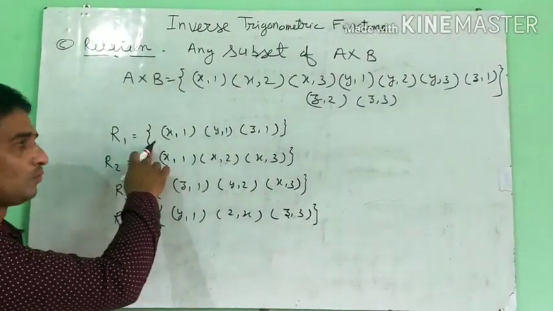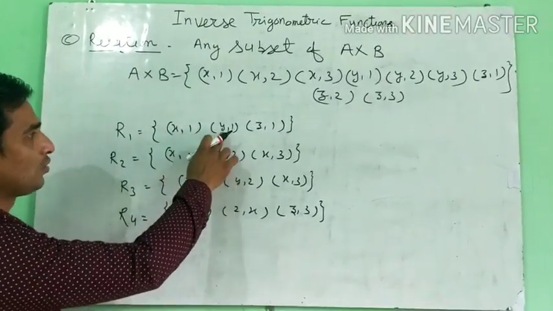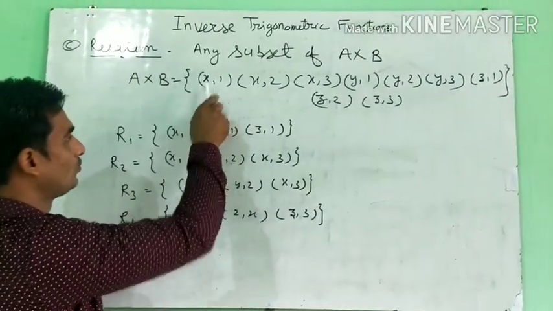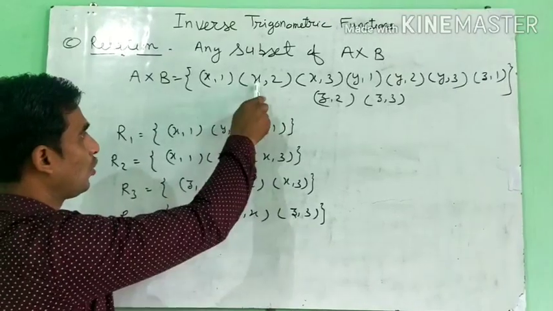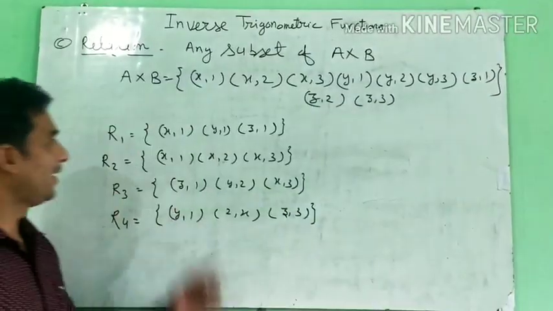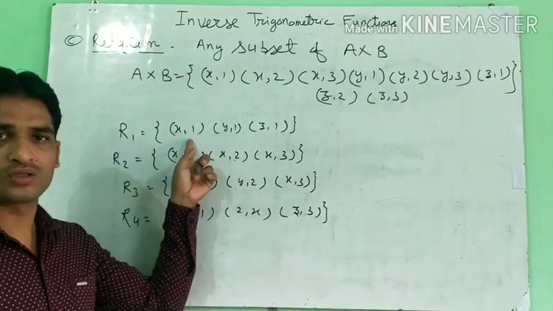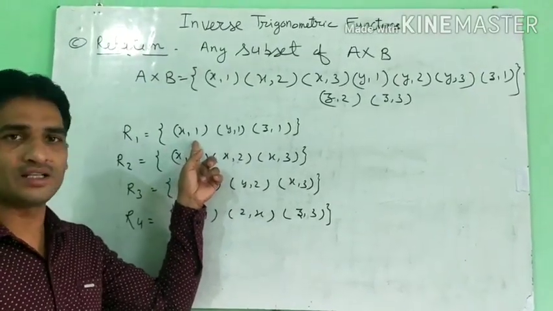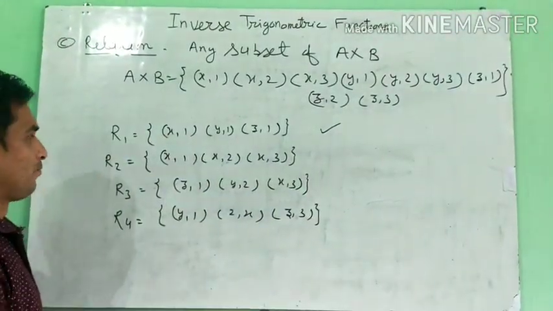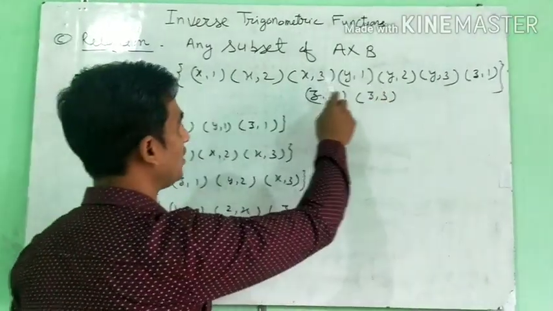So first of all, focus on R1. So it consists (x,1), (y,1), (z,1). (x,1) belongs to A cross B, (y,1) belongs to A cross B, (z,1) belongs to A cross B. It means R1 is a subset of A cross B. Therefore, R1 is a relation. Second, R2: (x,1), (x,2), (x,3).